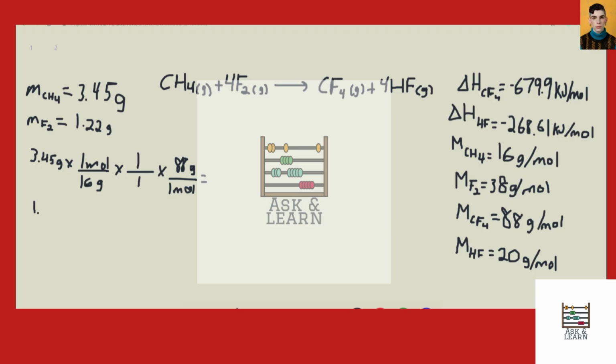Then 1.22 grams divided by 1 mole over 38 grams per mole, times 1 over 4, times 88 grams per mole.